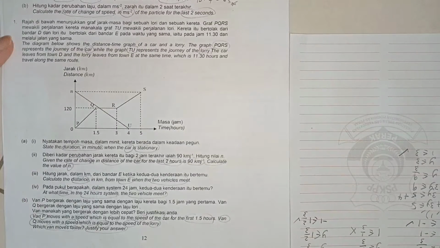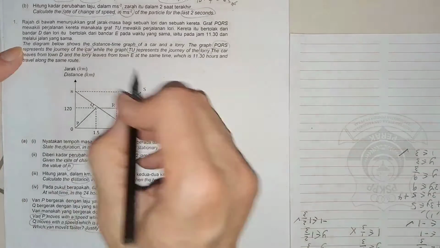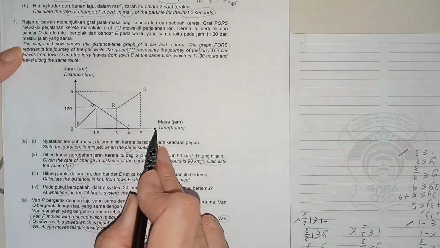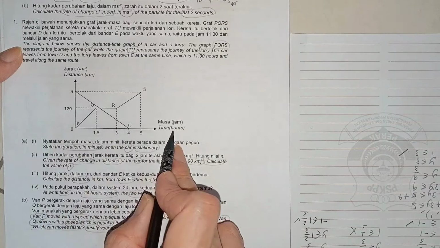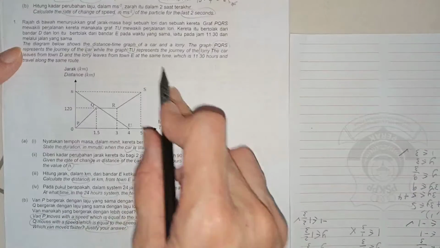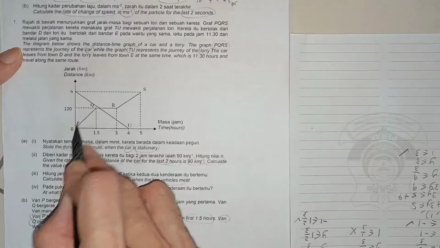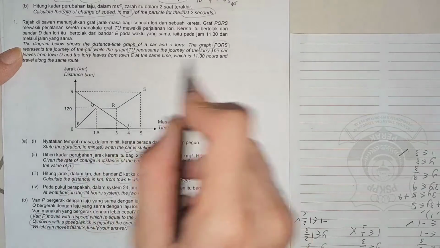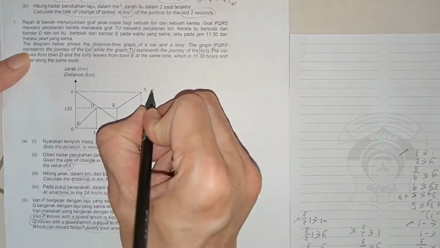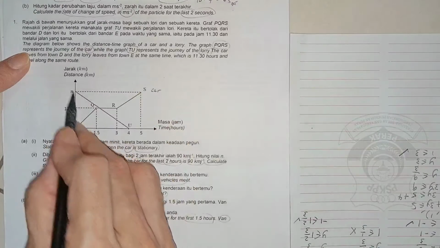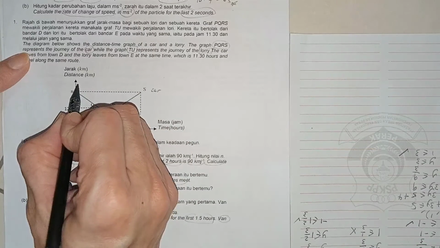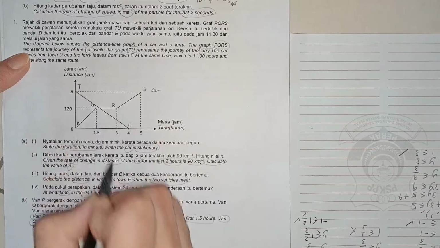Okay, so we look at the next question number 1. It says the diagram shows a distance time graph. This one is kilometer, this one is in hour. Car and lorry, PQRS is the car, so write down car. Then TU, this should be T, I forgot to write.